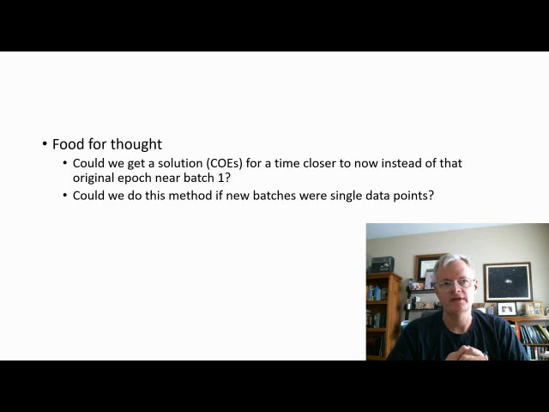Now, could we do this method if new batches were single data points? If you think about the space station, I see it today, I see it tomorrow, 4 days go by, I see it again, then I see it 3 days later. If we count each of those as an observation, then this is actually very typical of the problem we're dealing with, which is one observation at a time, and we want to update things as we go.